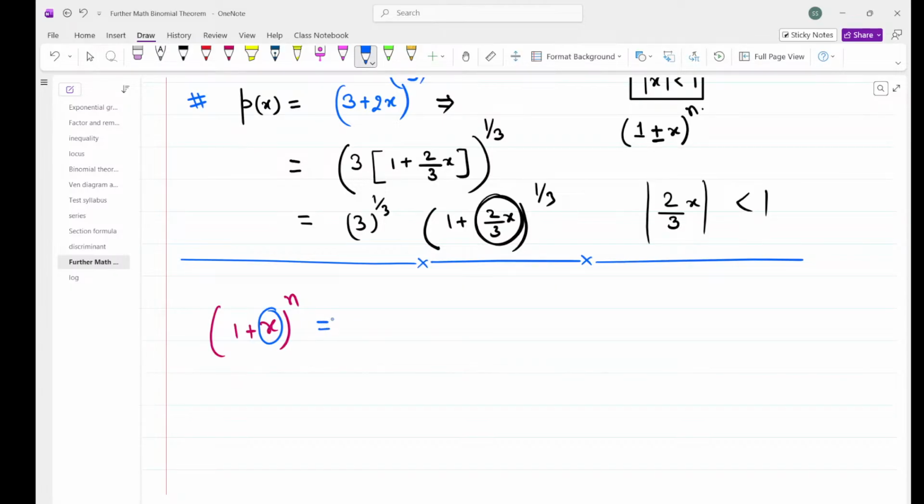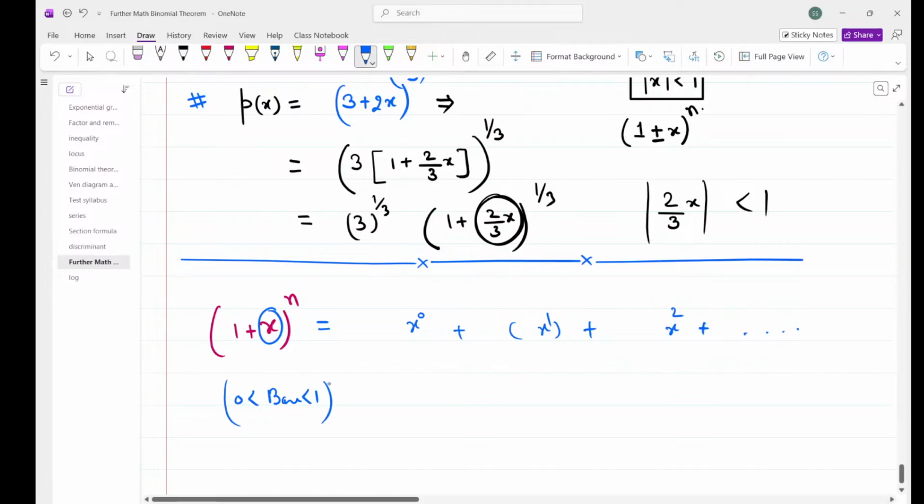So basically, when you expand this, in the first term you will have x raised to power 0, in the next term x raised to power 1, after that x raised to power 2, and so on. And in mathematics, we have a property that if your base is between 0 and 1 and you are raising the power, the value gets decreased. Do you know this?